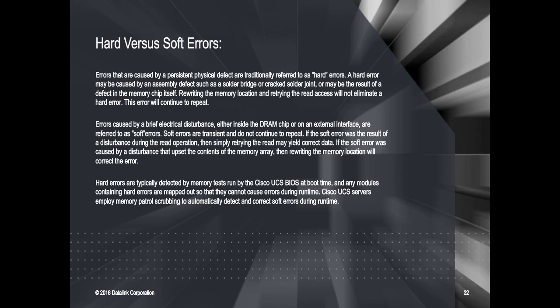Now, hard errors are typically detected by memory tests run by the Cisco UCS BIOS at boot time, and any modules containing hard errors are mapped out so that they cannot cause errors during runtime. Cisco UCS servers employ memory patrol scrubbing to automatically detect and correct the soft errors during runtime.